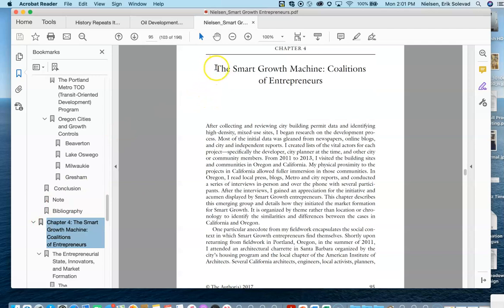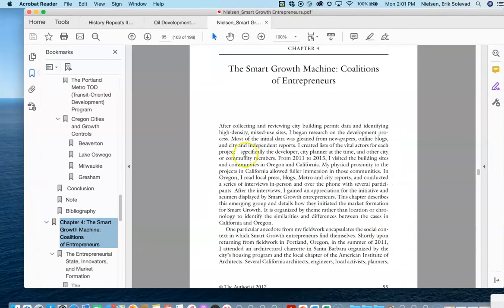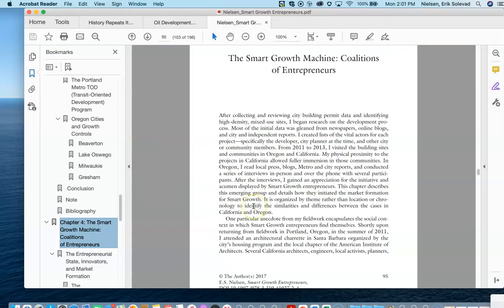And remember the use of metaphor. So I've got the smart growth machine. That's where I use that gimmick. Coalitions of entrepreneurs. And I use entrepreneur because that was the hot word from 2010 till 2020. I guess maybe entrepreneurs is still a hot thing, but definitely when people like Mark Zuckerberg and those guys were all still young and not so hated.